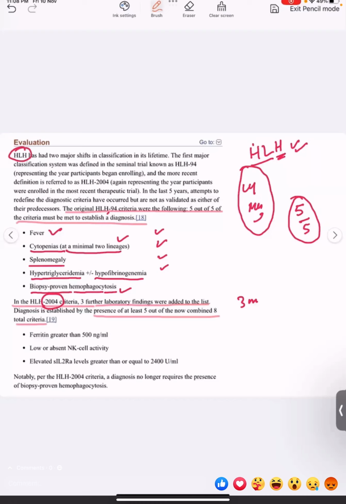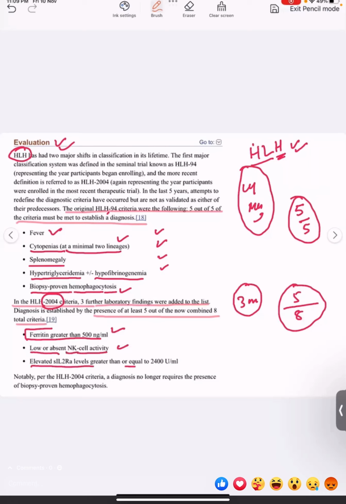But in 2004 they added three more criteria and said you may take 5 out of 8 to make a diagnosis of HLH. What are the three others? Ferritin greater than 500. Here they said hypertriglyceridemia and hypofibrinogenemia, but later on they also added the ferritin level as a diagnostic criterion, low or absent natural killer cell activity, and an elevated level greater than this one.